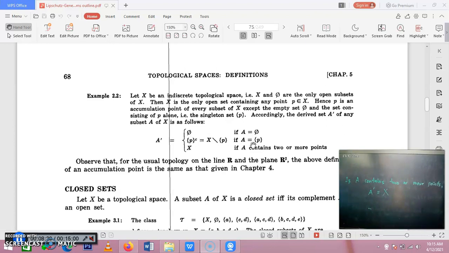If A is a singleton set, its derived set is the complement of the set. And if A contains two or more points, then the derived set of A is the set X. This is true for an indiscrete topological space only.